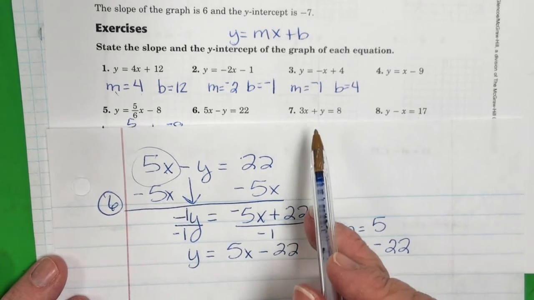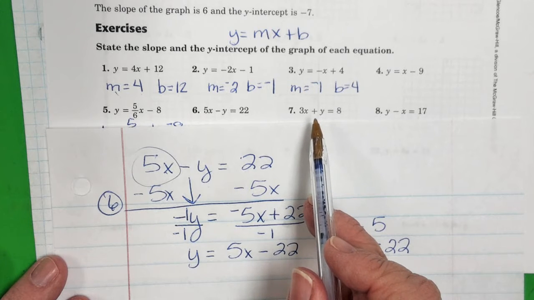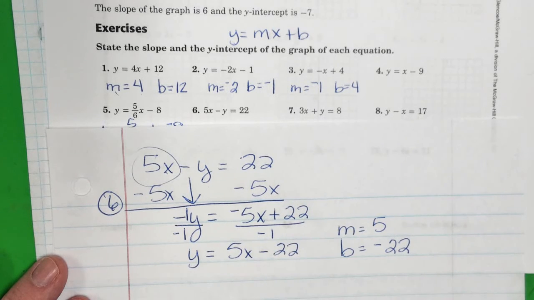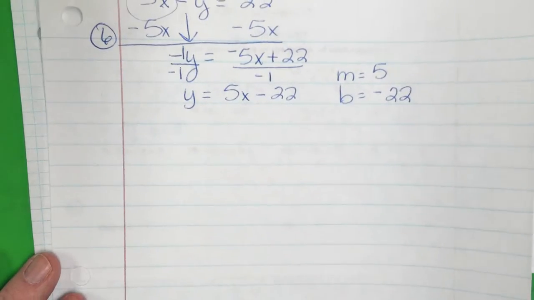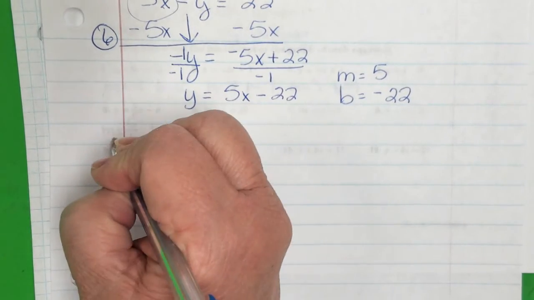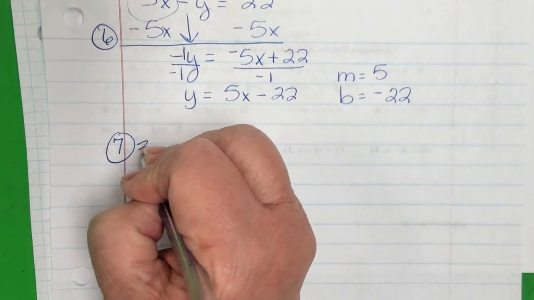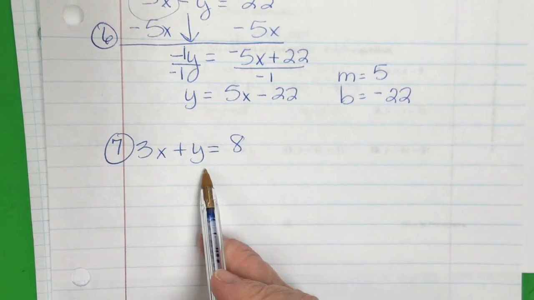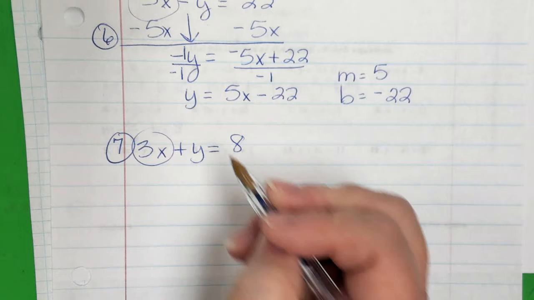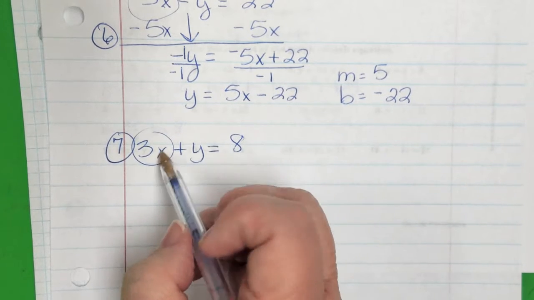Alright, number 7. It's not in slope-intercept form, so again we're going to have to rearrange it until it is. So, number 7 was 3x plus y equals 8. Y is not by itself, but we won't have to do much to get it by itself.